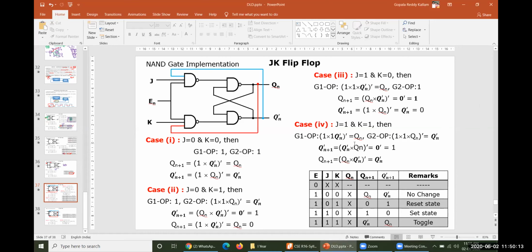Let me repeat JK flip-flop one more time because it is a bit important for you. Flip-flops are used to store a single bit of information in our computer. Basically, flip-flops are used to develop random access memory and read-only memory, so the basic building blocks are flip-flops only.